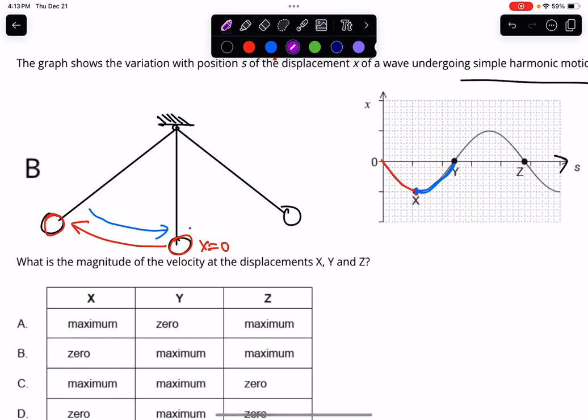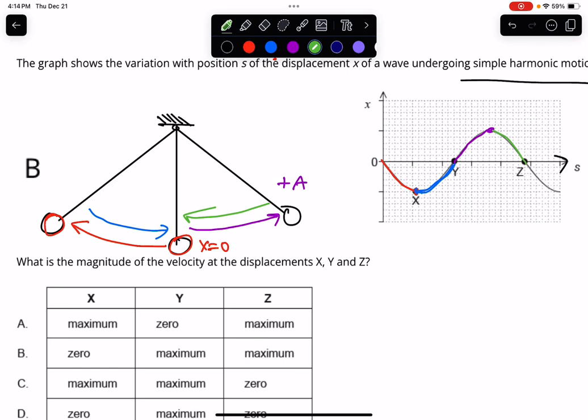Then after that, the pendulum is going to go to the maximum amplitude. So the displacement at the maximum amplitude is the highest. So that's why you're going to get this at the maximum amplitude. Okay? And then from the maximum amplitude, you're going to go back to 0. So you're going to get this over here. Okay?